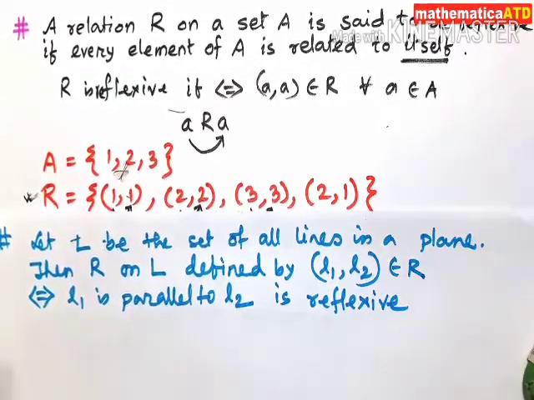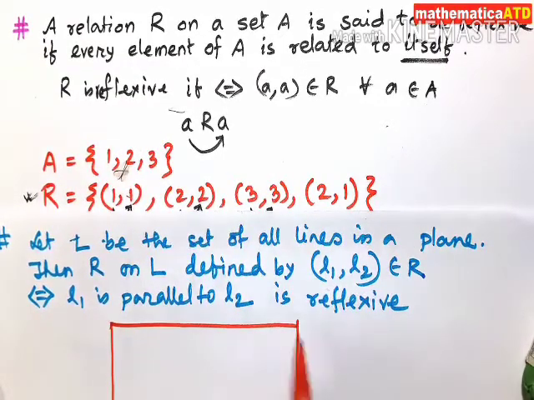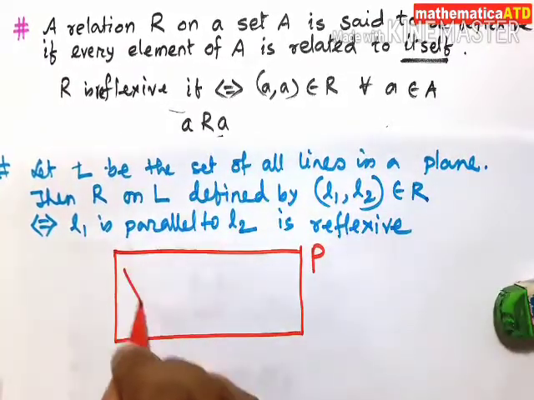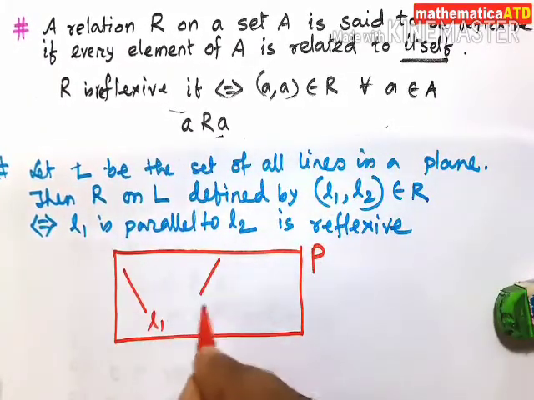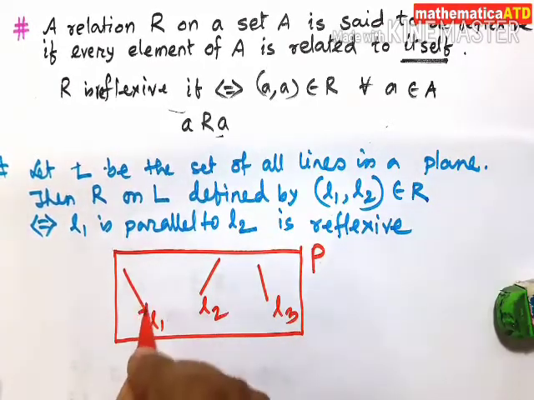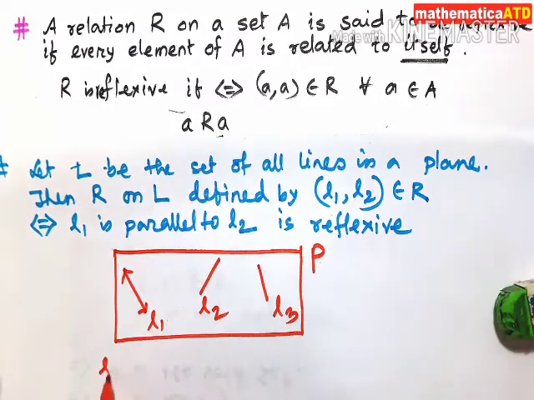We consider a plane, say this is the plane P. In this plane there are several lines. Say this is L1, this one is L2, and this one is L3. If we take only this line L1, we can say that L1 is parallel to L1.